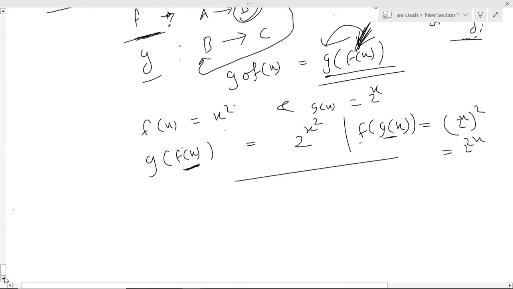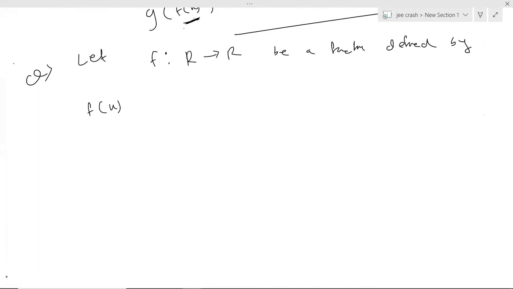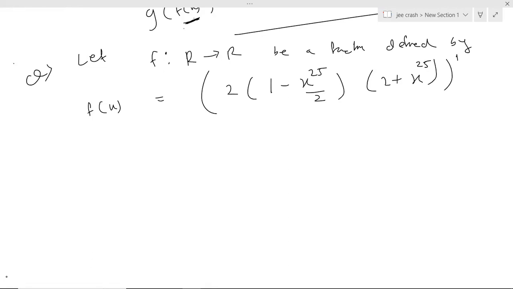There is a question from JEE Mains in this topic. Let f from R to R be a function defined by f of x equals (2 (1 minus x to the power 25) upon 2 (2 plus x to the power 25)) whole brackets to the power 1 upon 50.